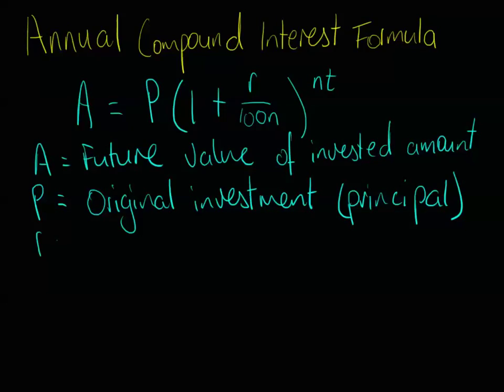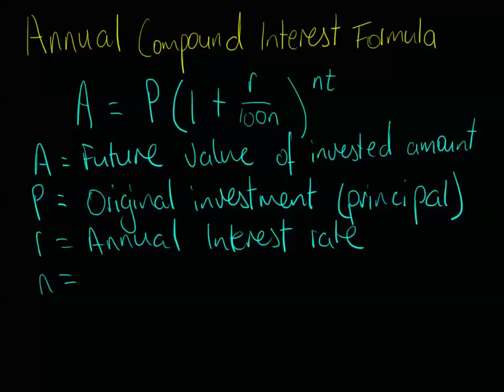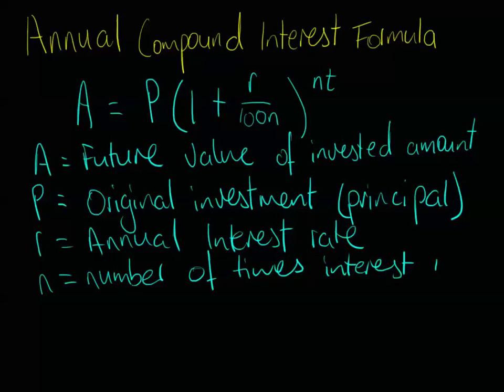R refers to the annual interest rate. N can be classified as the number of times interest is compounded in a year.